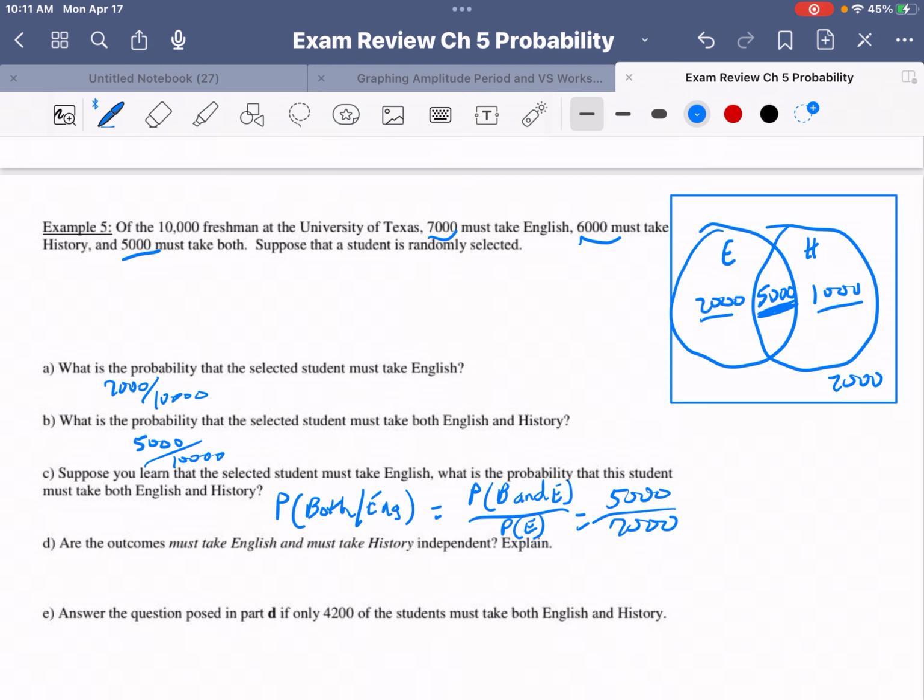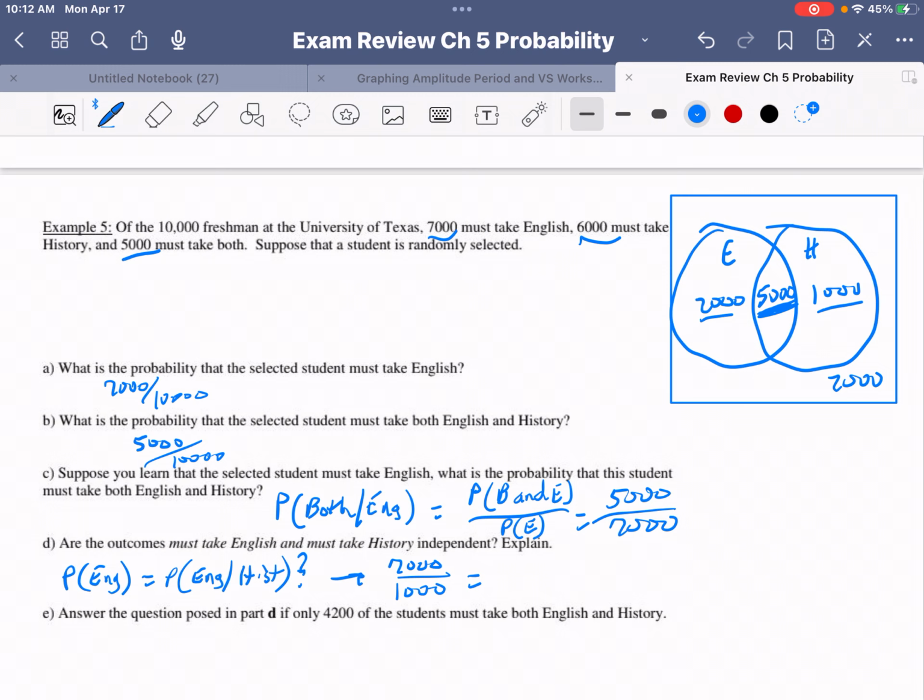Are the outcomes must take English and must take history independent? In order for them to be independent, the probability of English would have to be equal to the probability of English given history. So that's a question mark. The probability of English is 7,000 out of 10,000. Is that equal to English given history?